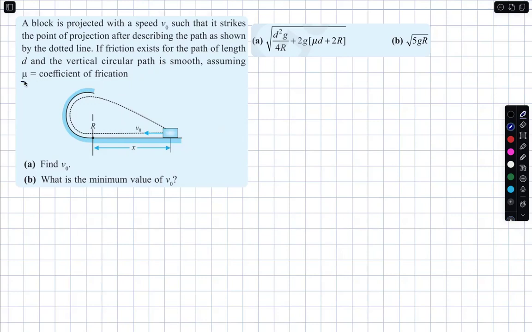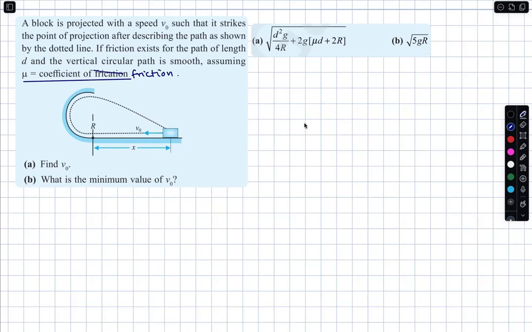Assume mu is the coefficient of friction. Find v naught. What is the minimum value of v naught?